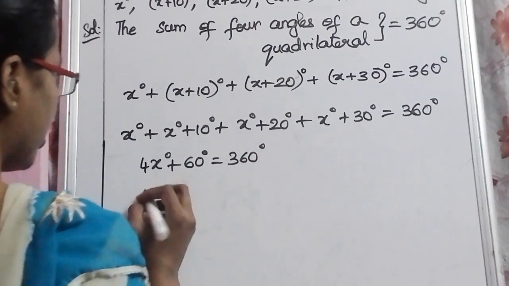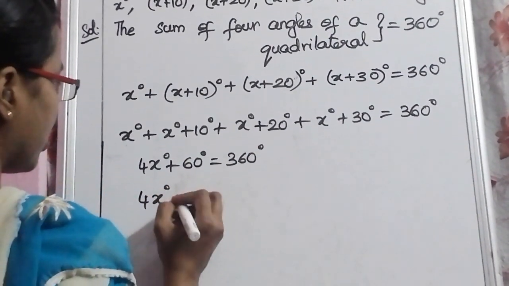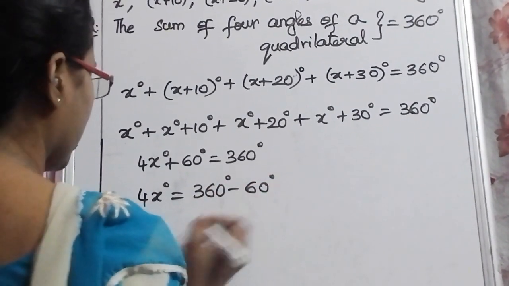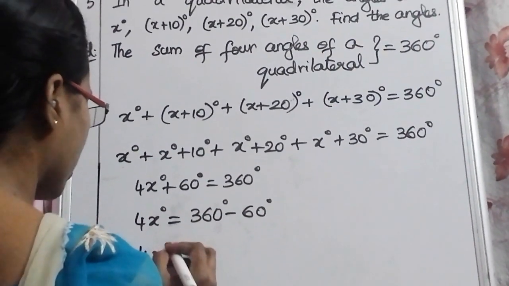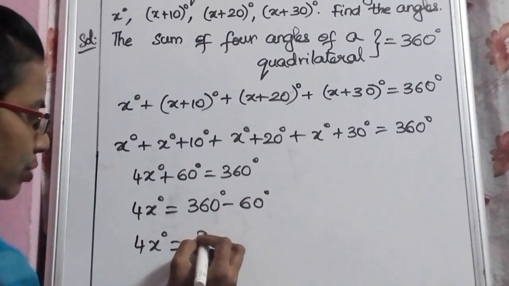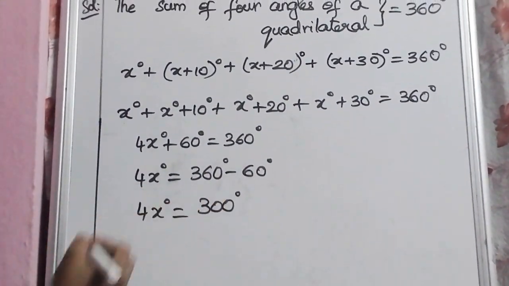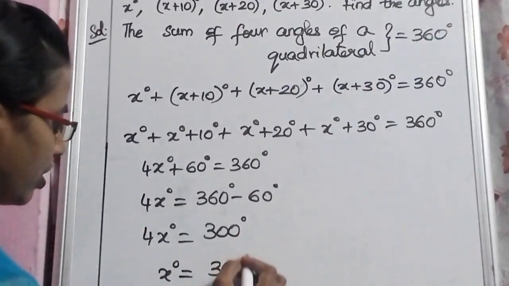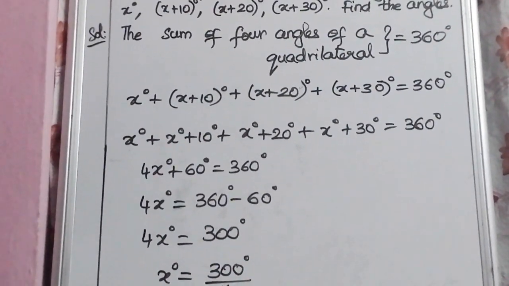This is equal to 360 degrees. 4x degrees is equal to 360 minus 60 degrees. So this is 4x, which is equal to 300 degrees. Now x is equal to 300 divided by 4.